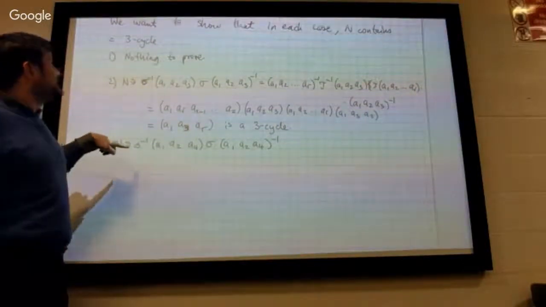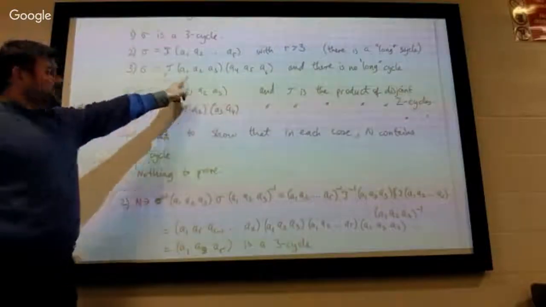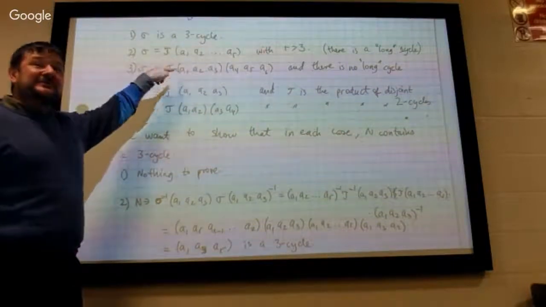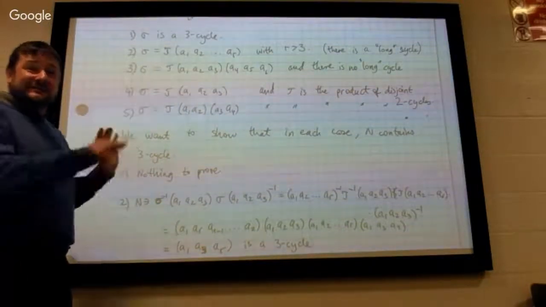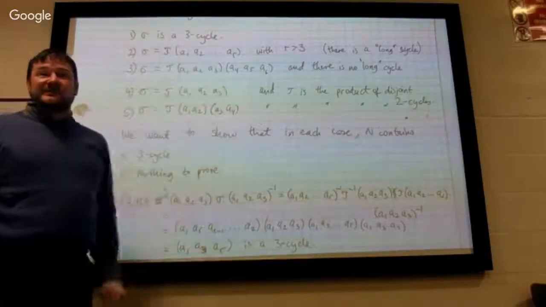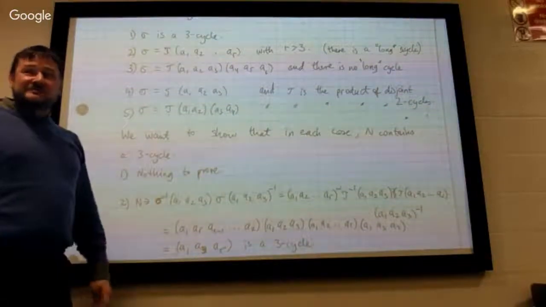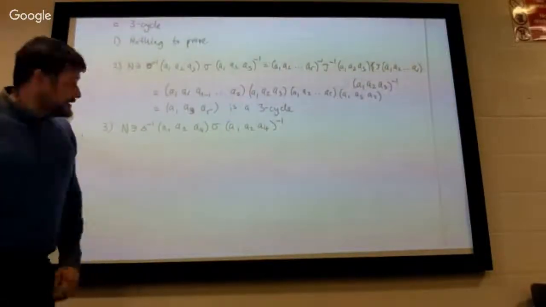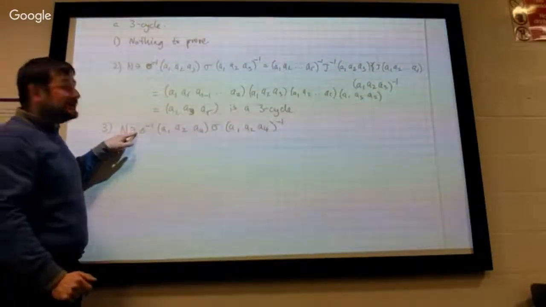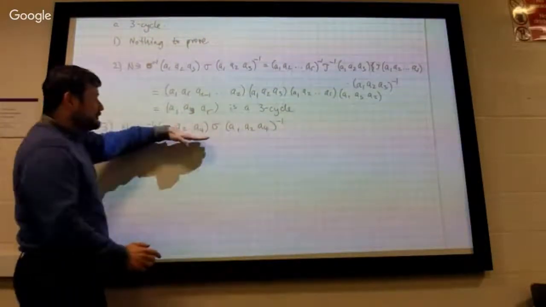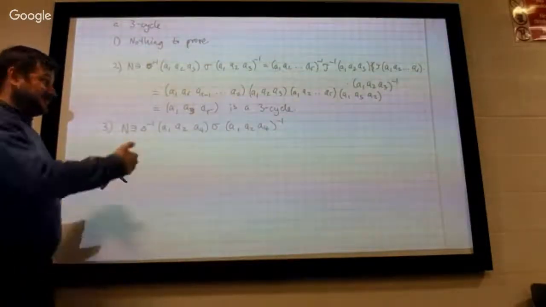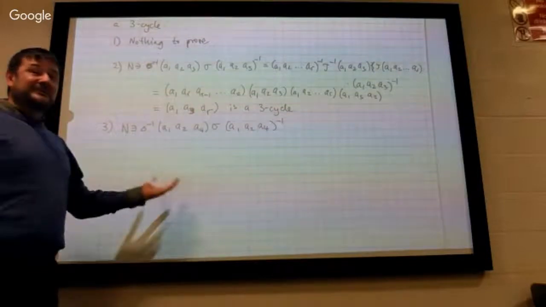Now, case 3 is if you have at least 2 3 cycles in the product that is sigma: A1, A2, A3, and A4, A5, A6. This is what they are. Then this element is in N because sigma is in N, sigma inverse is in N. If you multiply sigma by anything in the group from the left, and its inverse from the right, because N is normal, you get something that's in the group.